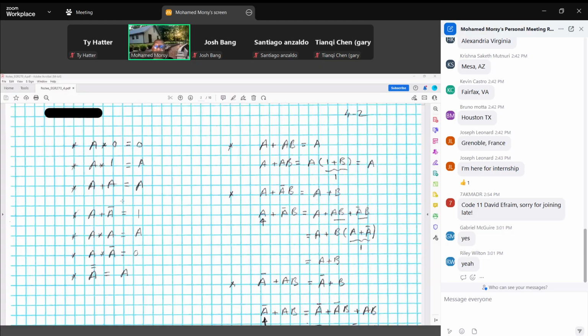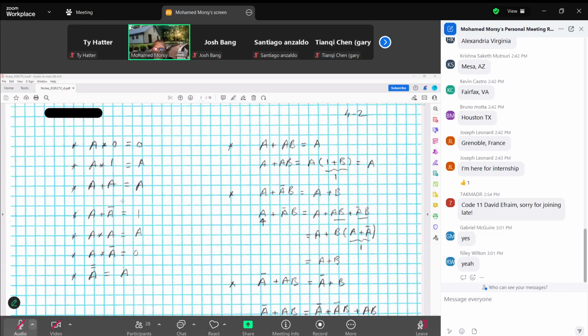What is the importance of this? What do you think? These are the basic rules of Boolean algebra. Okay, perfect, but what is the benefit of this? Well, this mimics actual hardware, like electronics. How is it reflected in the hardware?